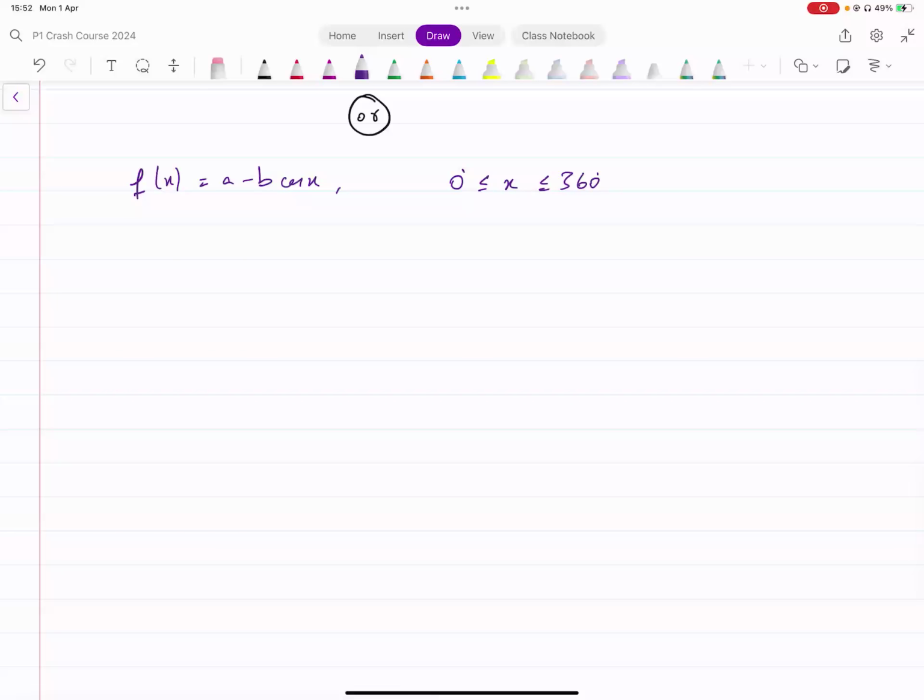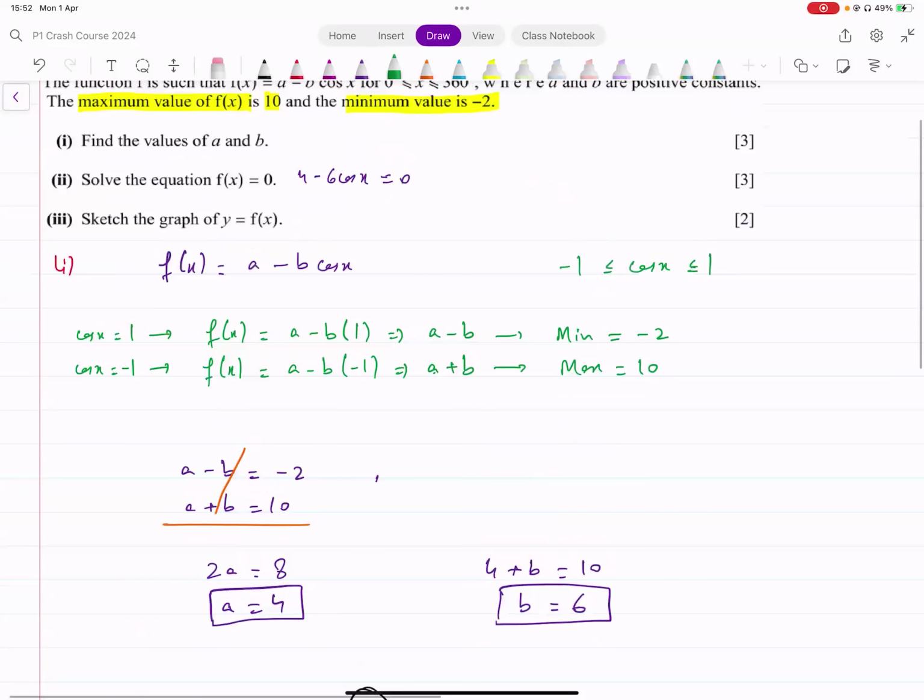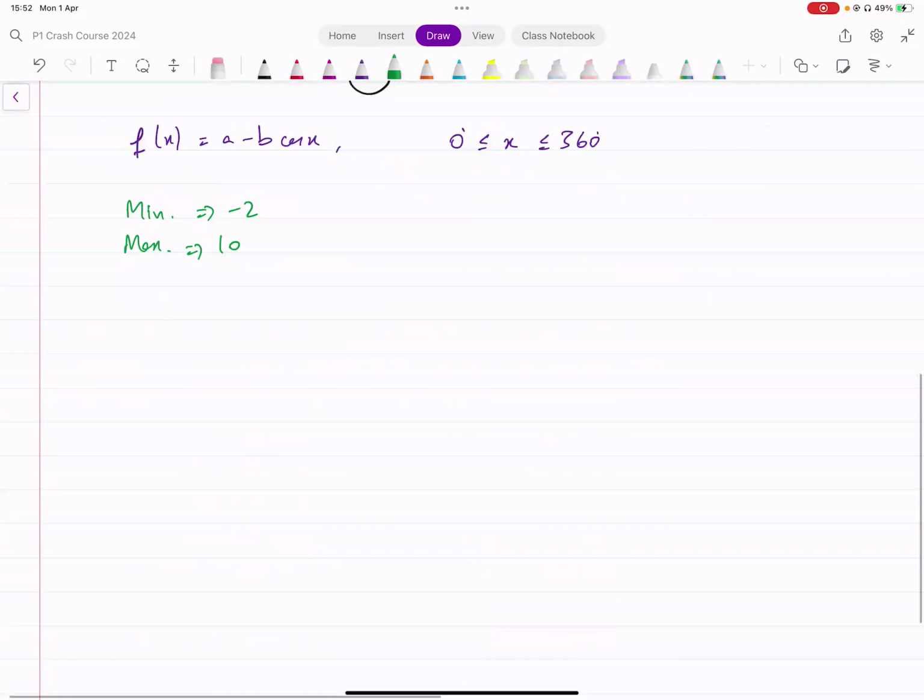But another way to think about this could be, your question is telling you the minimum value of this function is -2 and the maximum value is 10. Now, if you remember your transformations, if the graph looks like this from -2 to 10, so the graph is going from -2 to 10. -2 is the least value, 10 is the maximum value, and you have minus here with the cos function.